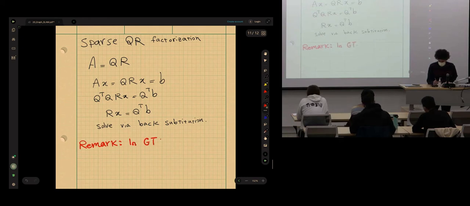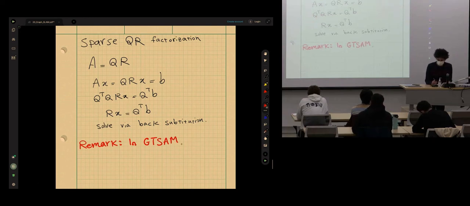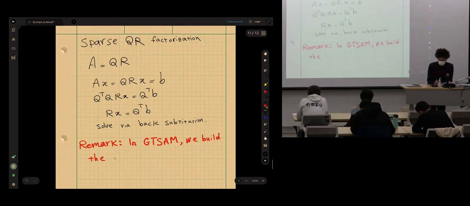So in GTSAM, what you're going through in your homework 7, we build the graph given data.